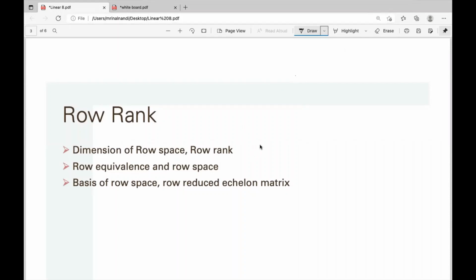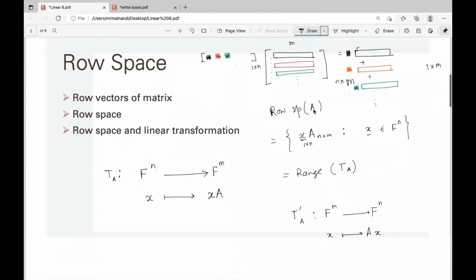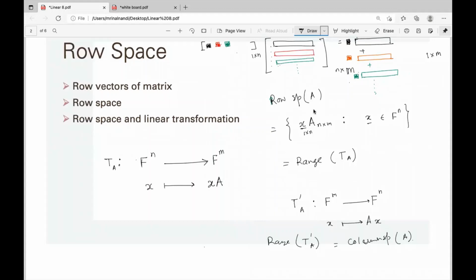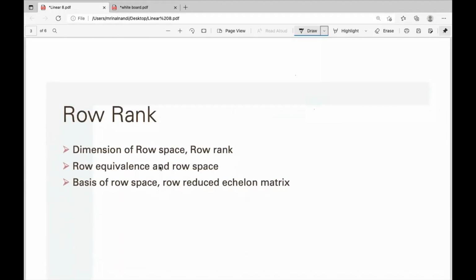So the row space is a subspace of Fm, and the column space is a subspace of Fn. The dimension of the row space is called the row rank of the matrix.